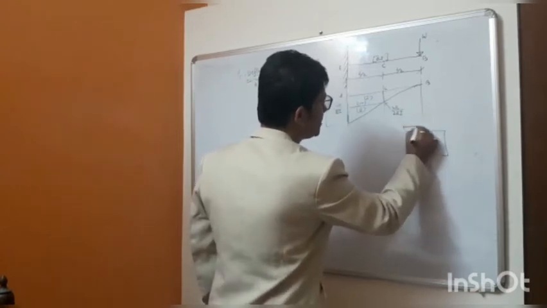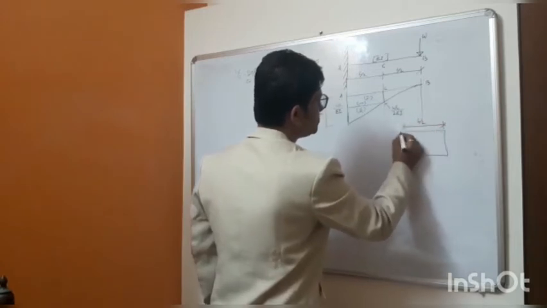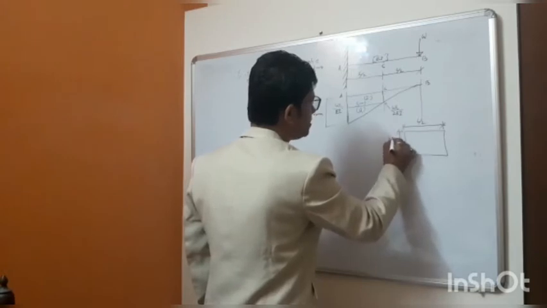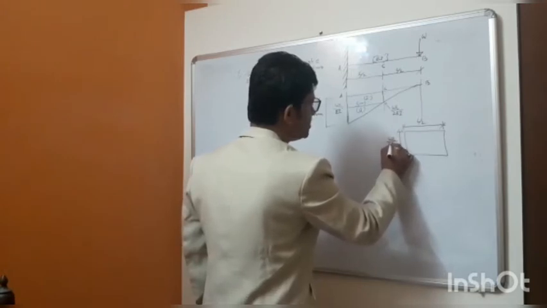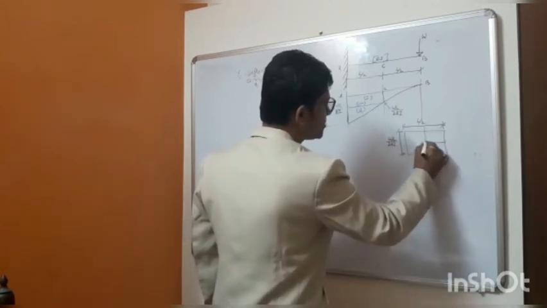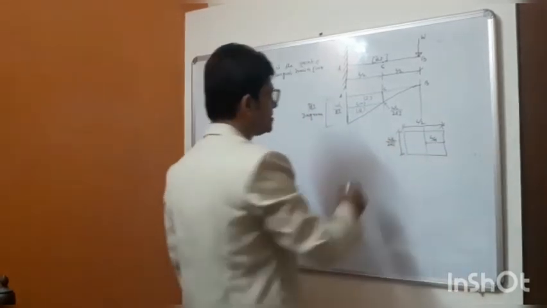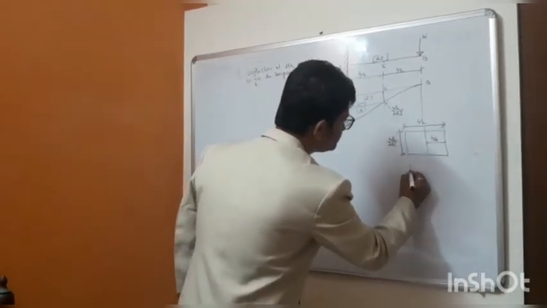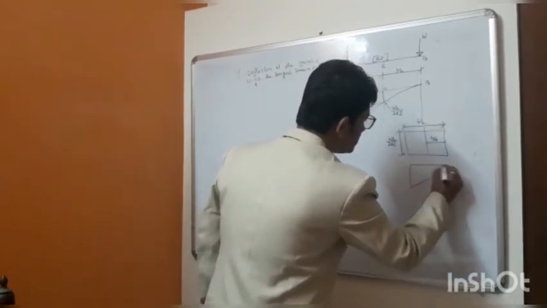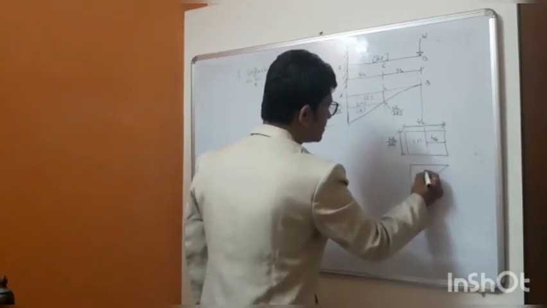The length of this rectangular part is L by 2, and its width is WL by 2EI, and the CG distance is L by 4. Similarly, this is triangle 2.